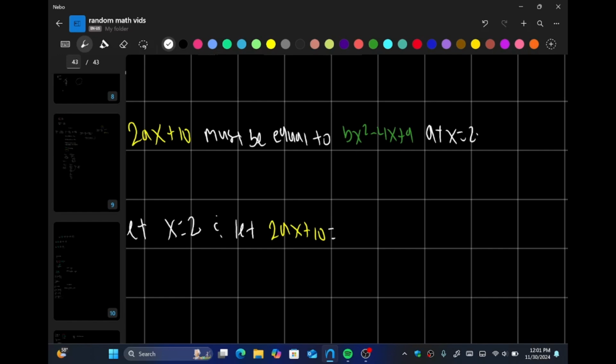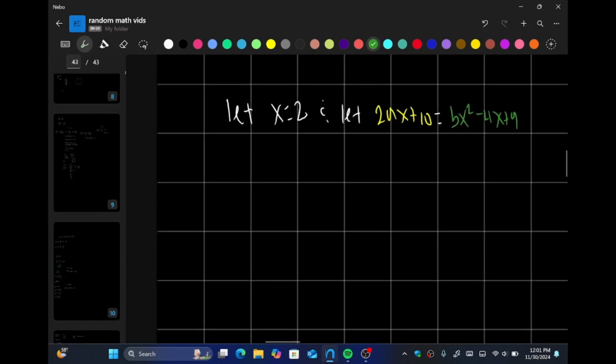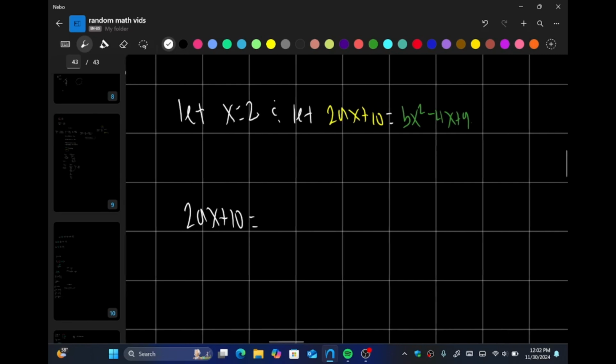Okay, guys, and so this is what I'm talking about, right? I hope I'm not over explaining it, but all you're really going to do is make these equal to each other, plug in the x value, and solve for a and b. I do think that this might give you, actually, never mind, no it won't. It won't give you quadratic equation type stuff.